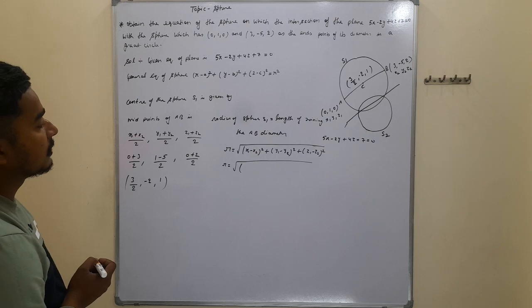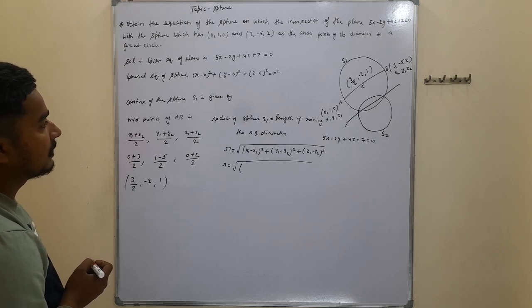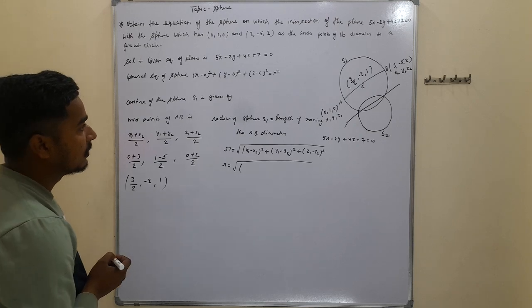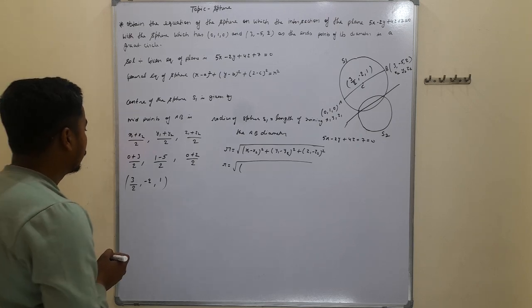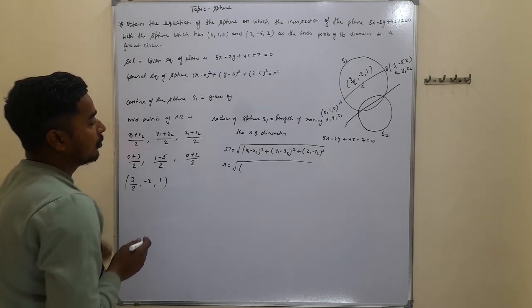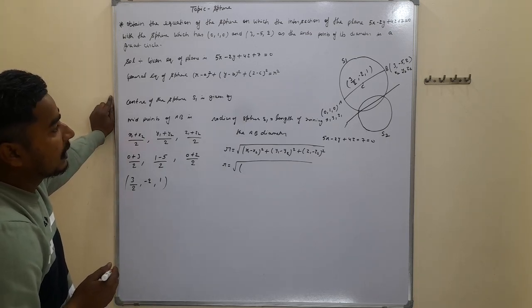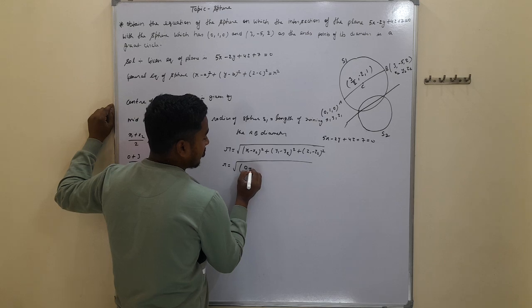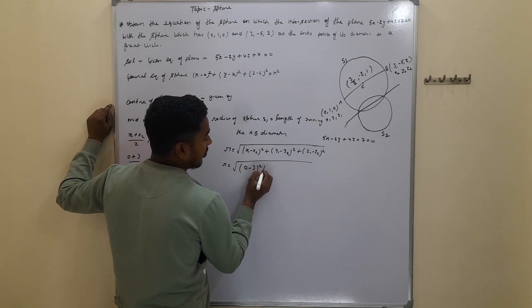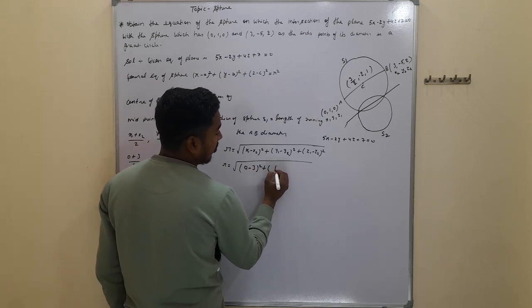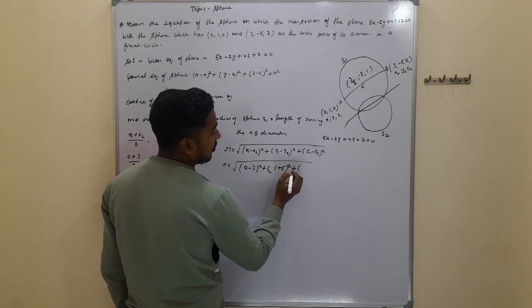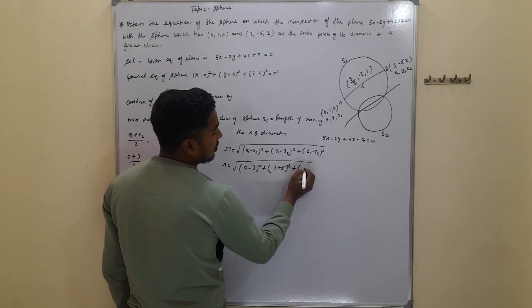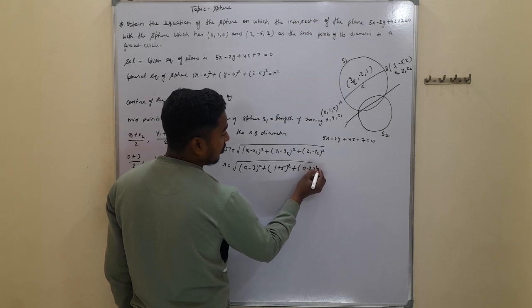We have to get the equation of the sphere. So we can write here, this is (0 minus 3) whole square plus (1 plus 5) whole square plus (0 minus 2) whole square.